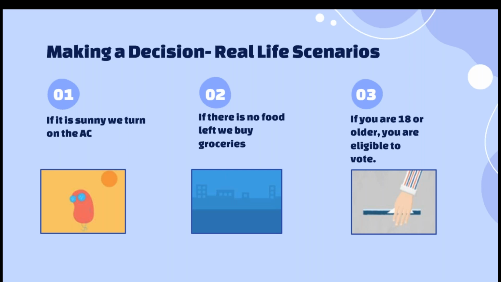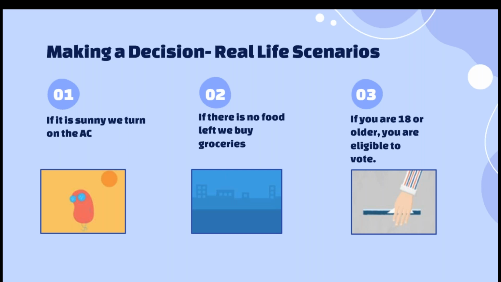Before we get into the coding portion of decision statements, we have to be able to relate everything we're doing to a real life situation. Decision statements have a lot of real life examples, and this is similar to a lot of aspects of coding, not only Java coding, but coding in general. The first example I've given is: if it's sunny, we turn on the AC. That's a condition.